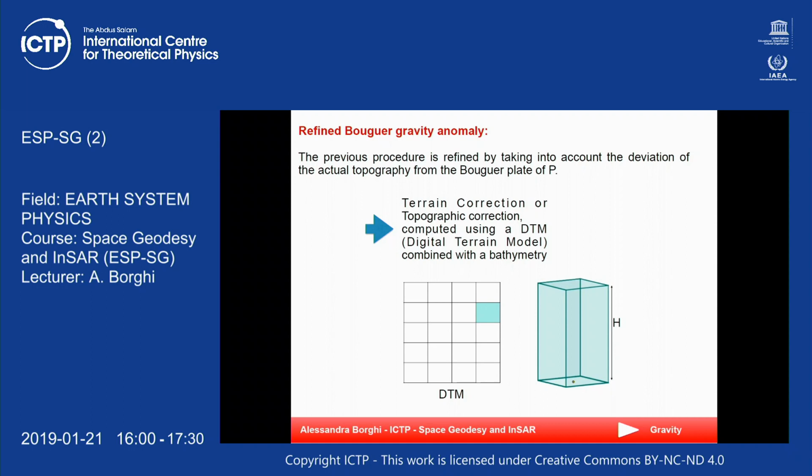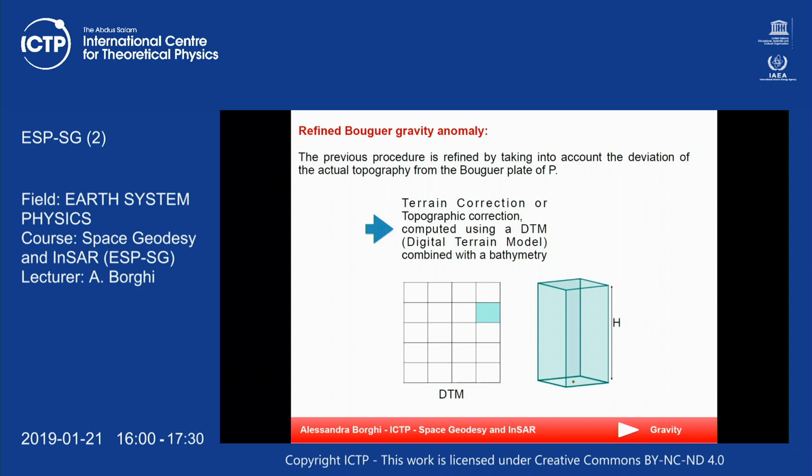I remove too much mass, so I have to correct for this, or I don't remove enough mass, so I have to correct for this. This is called terrain correction or topographic correction.